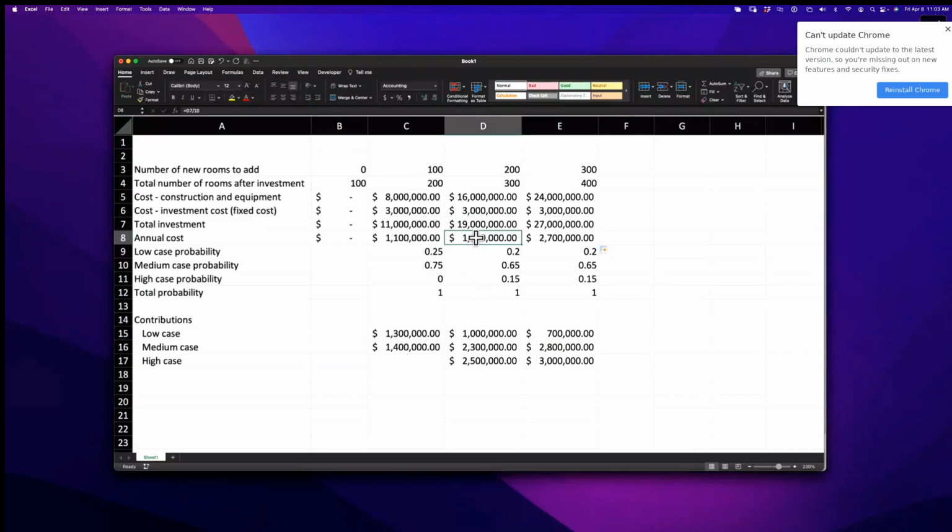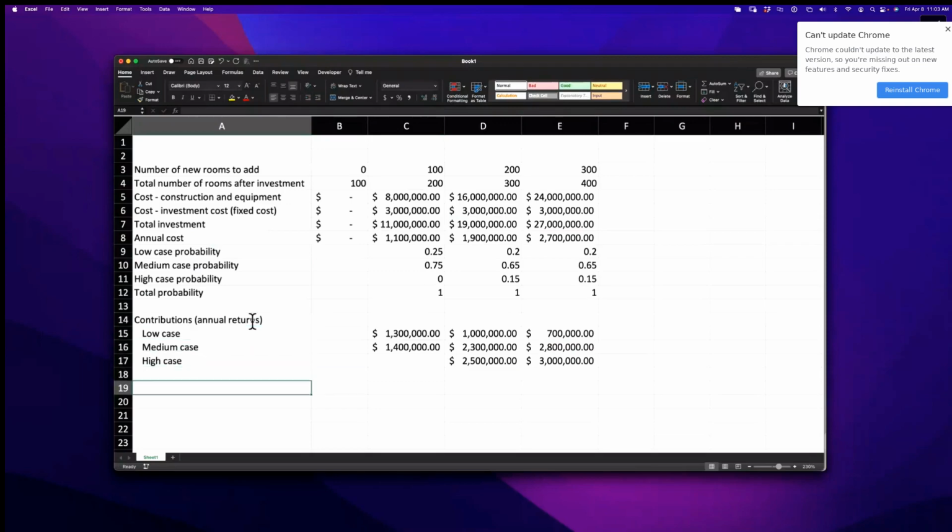Because if the annual cost is bigger than the expected annual return, so these are annual returns, then compare apples with apples, because they're both annualized. Then having something negative is going to mean the cost is bigger.